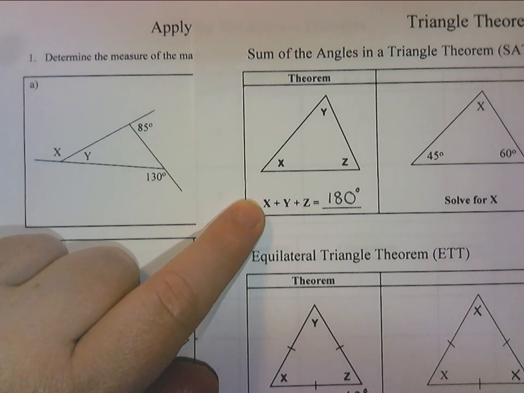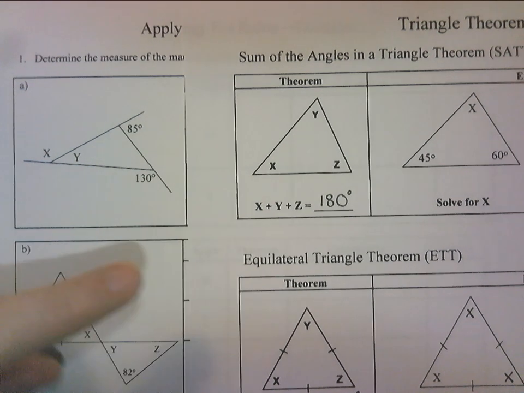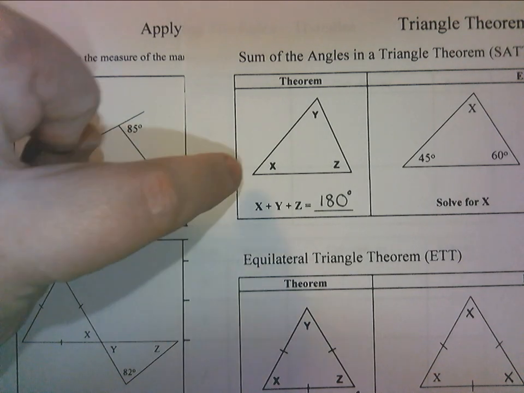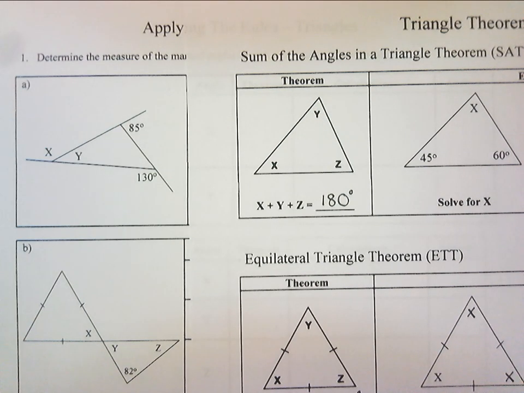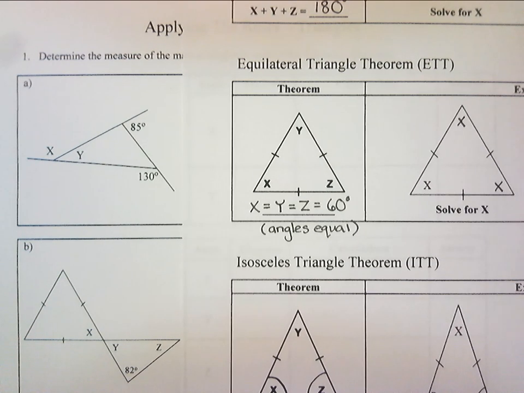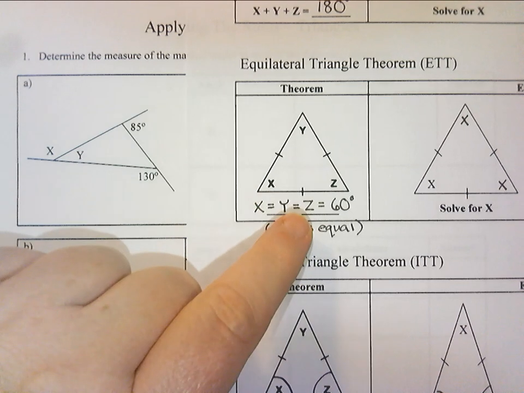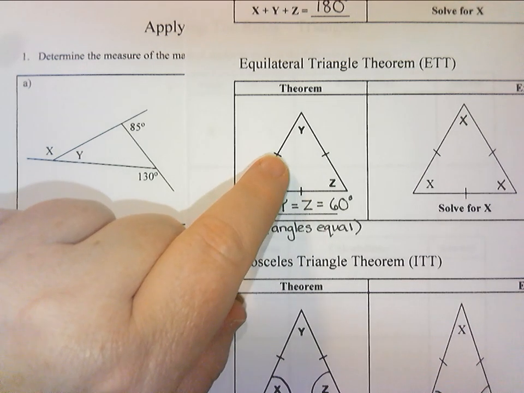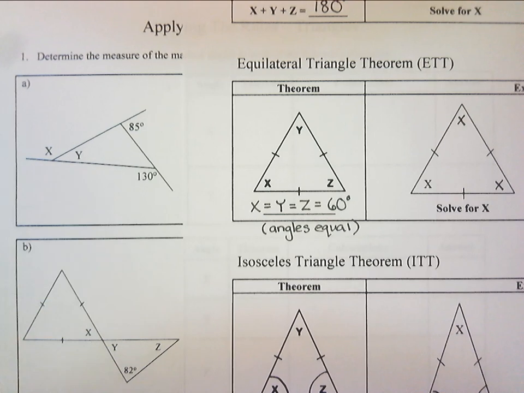So our SATT is for just a basic triangle. I do have a triangle here, but this is for the interior angles, and I don't really know the interior angles of that triangle. Our second one, ETT, is for equilateral triangles, and I should have tick marks on the sides showing that they're all the same, and I do not have that here.